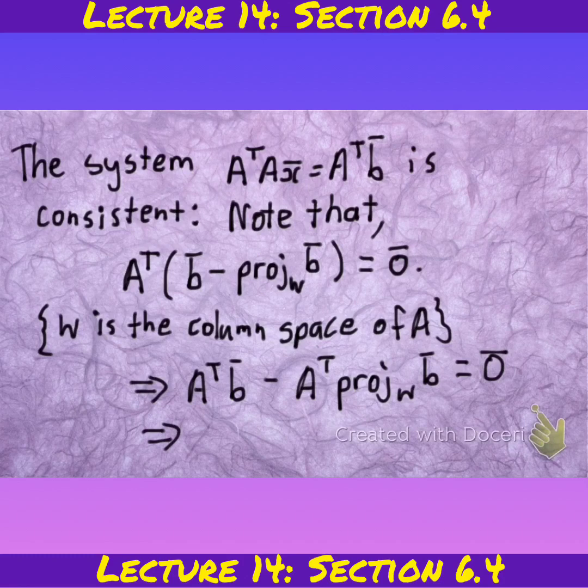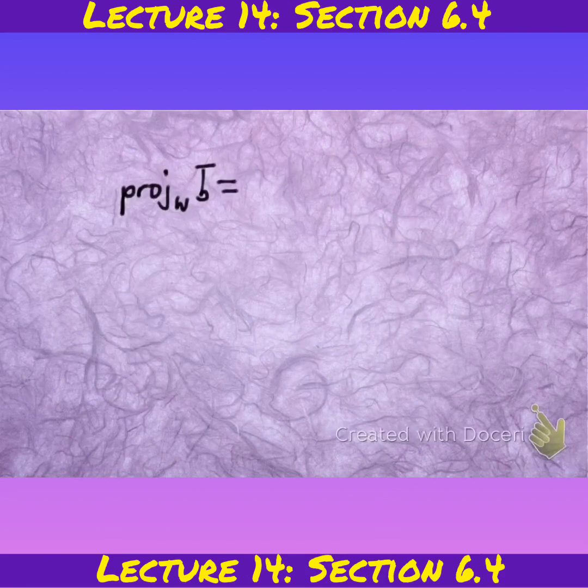And so from there we get that A's transpose B is going to be A's transpose multiplied by the projection of the vector B onto the subspace W. Now let's consider the projection of B onto the subspace W.